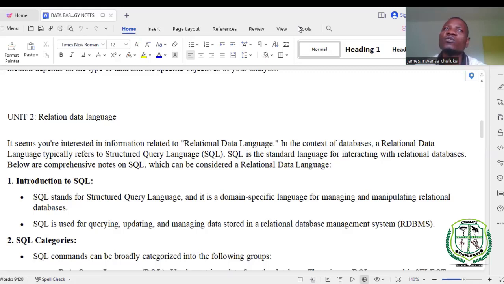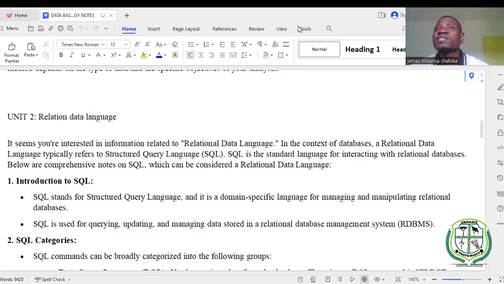I repeat again, the standard way of interacting with a relational database is what is referred to as SQL. It is the language for interacting with relational database.